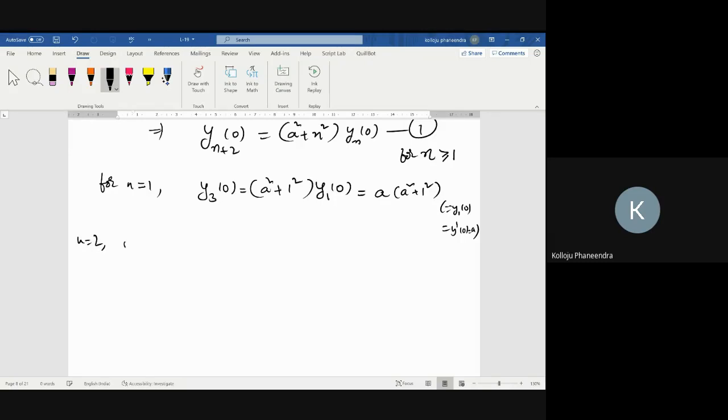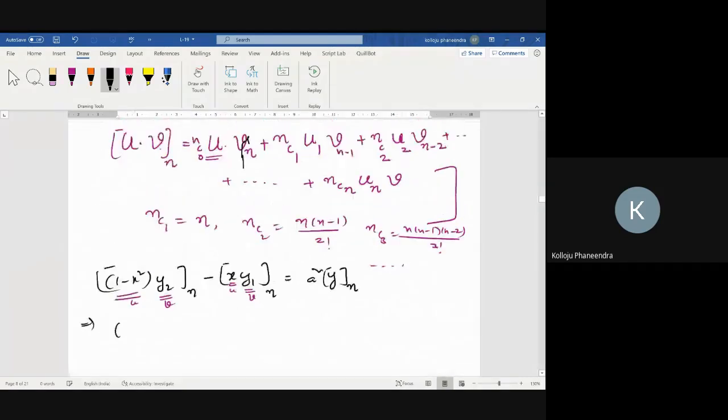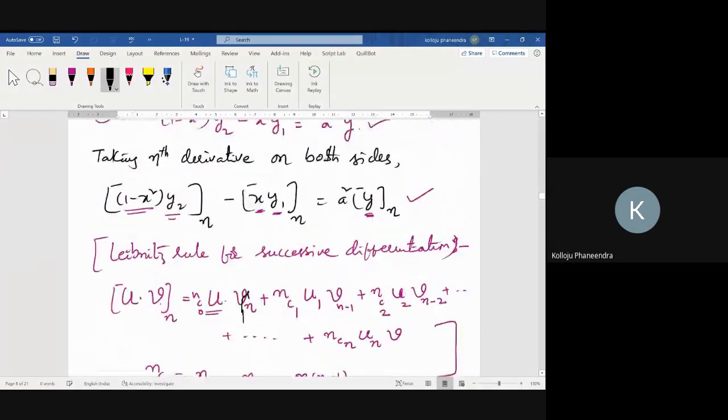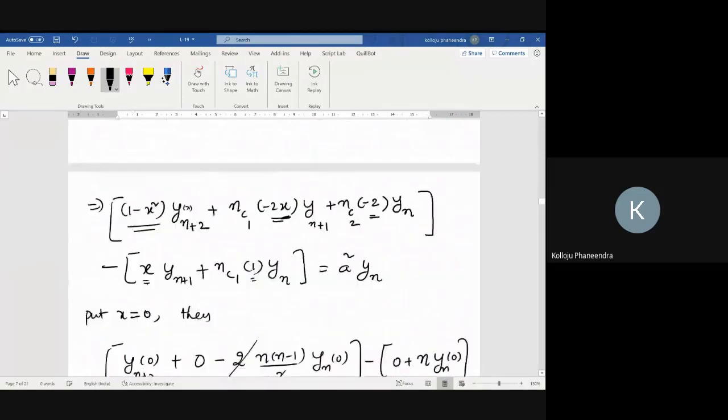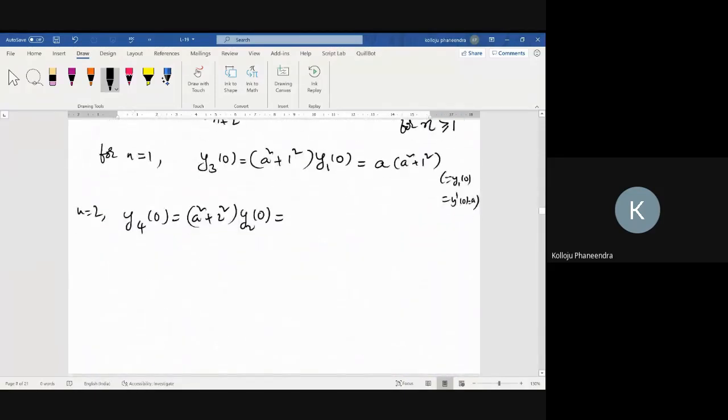When n = 2, y4(0) = a square plus 2 square into y2(0). y2(0) means y double dash 0, which is a square. So a square into a square plus 2 square, in bracket, since y2(0) = a square.